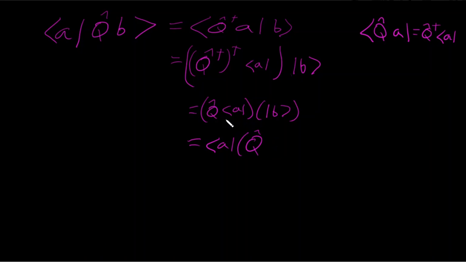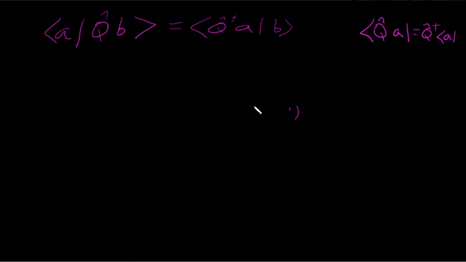But it is true that we can bring this Q hat over here, so this is equal to the A bra vector times Q hat acting on the ket vector B. And so this is A Q hat B, and that is our proof. I know I skipped that step. That's a step you're going to have to trust me on. I promise we will come back to this in section 5. So I'm going to erase this proof just so we have the statement up here.